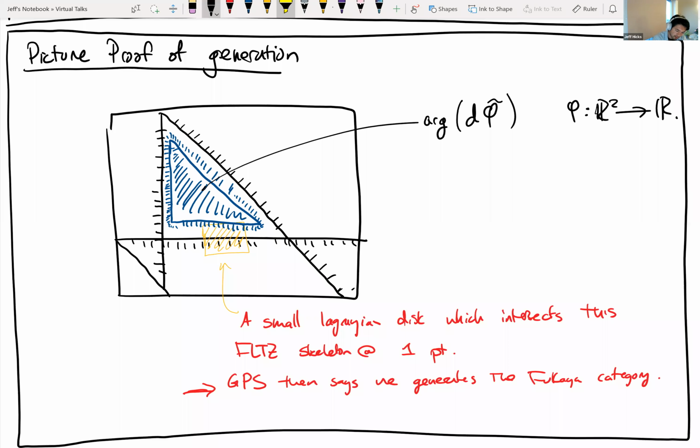We then take a slightly different Lagrangian section, the argument of d phi tilde prime for some different support function.